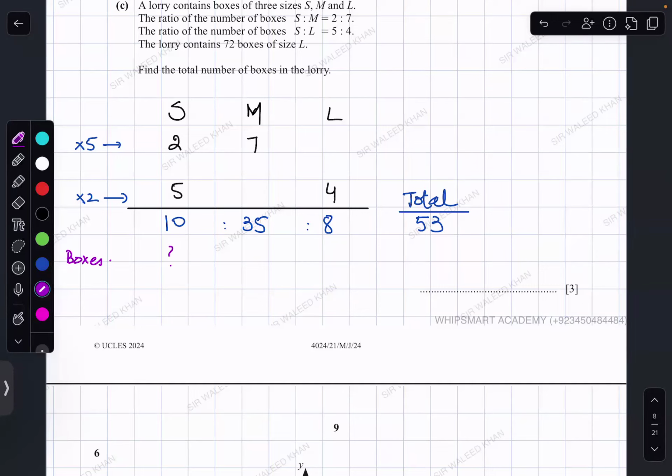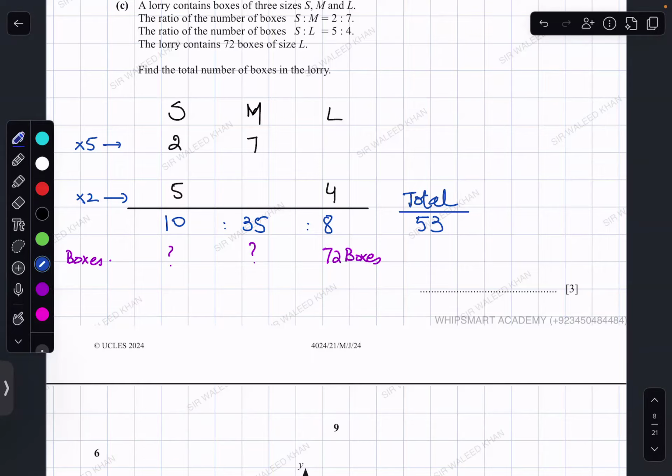No information is given for the small, no for medium, but they have given information that we have 72 boxes, large. So using this, I can figure out how many are the total number of boxes.